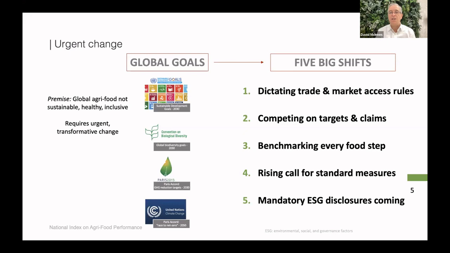This is having a rising call for standardization. And I think, out of a bracket here, probably a greater interest in labeling and what is in front of the consumer. And also we've seen mandatory ESG, which is the investor capital markets driven environmental, social, governance factors. I'm going to touch on a number of these points because this is the essential backdrop, I believe, to our work, and to some of the relevant discussion that you might be having today.